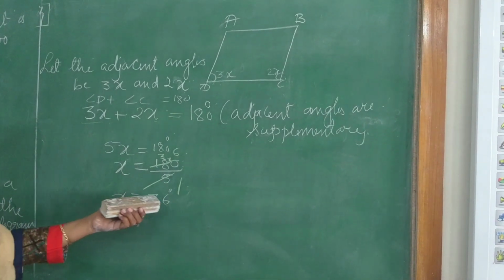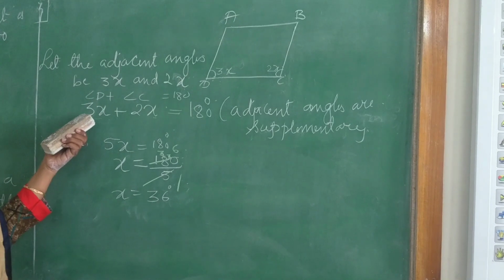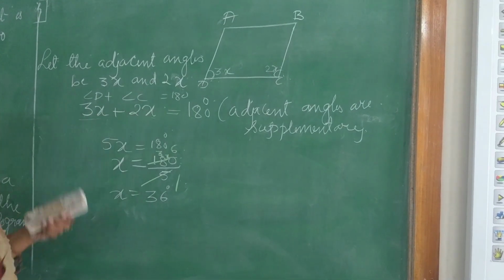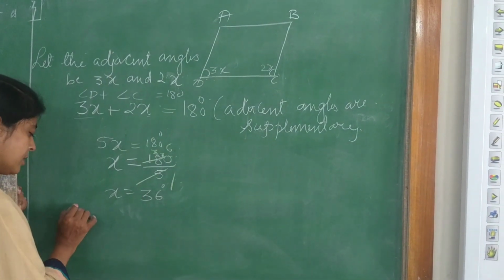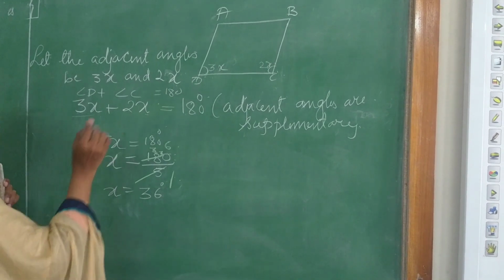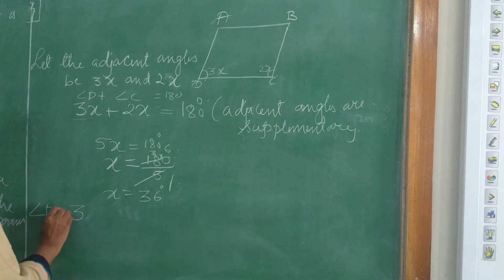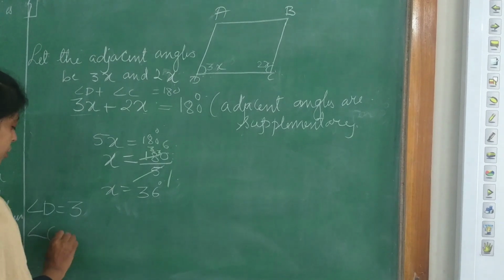Now we know the value of x, but we require 3x and 2x. Let us see what 3x is, that is angle D, and what angle C is.